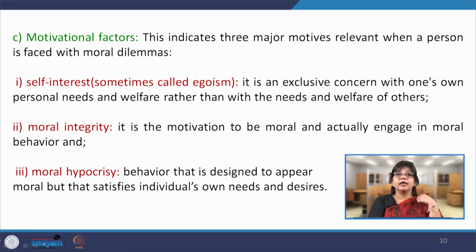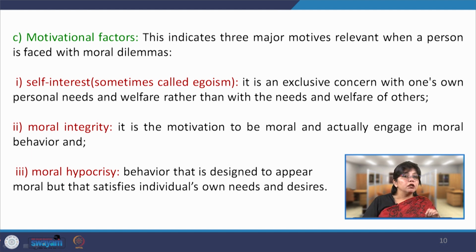There are some motivational factors as well, which indicate some moral dilemma, to help or not to help, but ultimately how helping behavior is being induced. The first is self interest, or sometimes called egoism, where the person is exclusively concerned with his or her own interest and welfare rather than with the need and welfare of others.